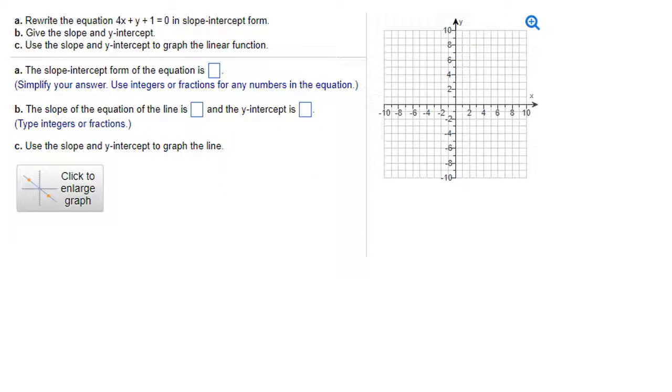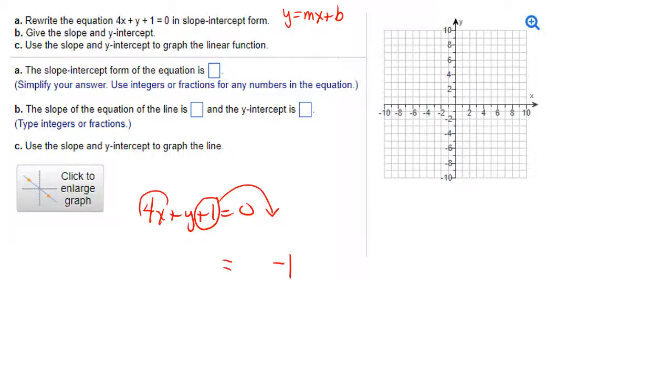Now in this next equation, we are asked to rewrite an equation into slope-intercept form. Remember, slope-intercept form is mx plus b. So I will take the 4x plus y plus 1 equals 0, and I will solve it for y. I will need to take the +1 and subtract that on both sides.